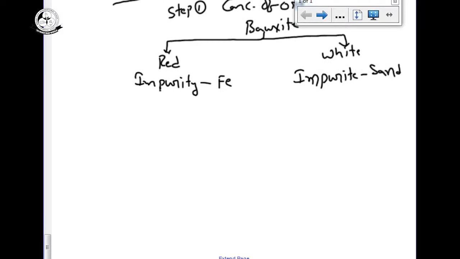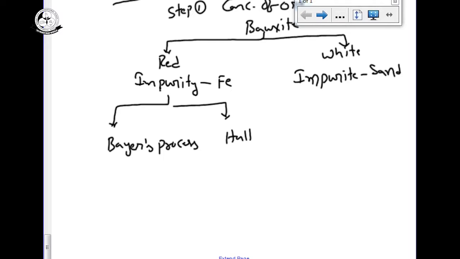For the extraction of aluminum from red bauxite, we have two processes: Bayer's process and Hall's process. By using these two processes we can concentrate the ore.